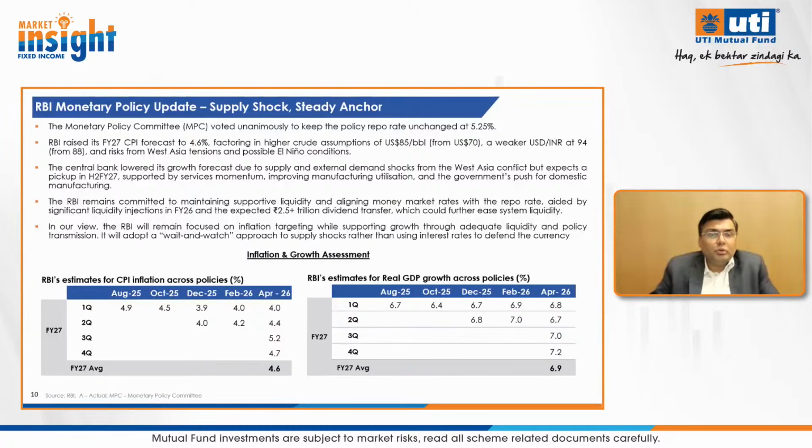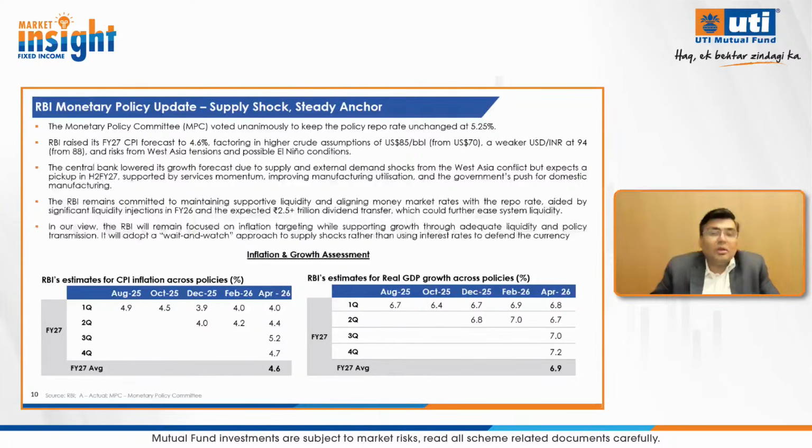So broadly, the 4.6% number that RBI has projected right now assumes oil at 85. If oil were to settle between 95 to 100, then that inflation will get close to 5%. And growth right now has been projected at 6.9%.